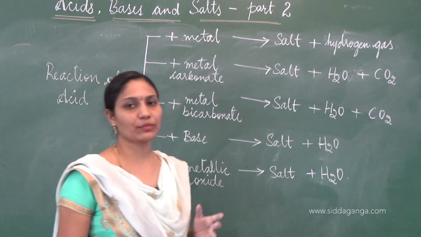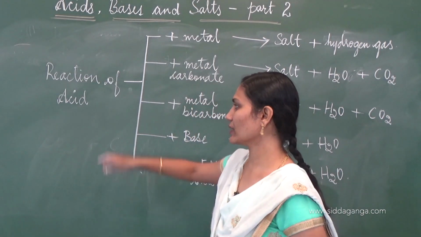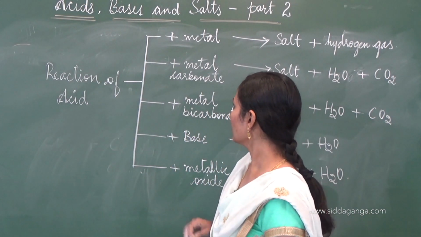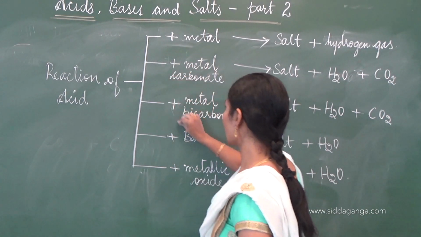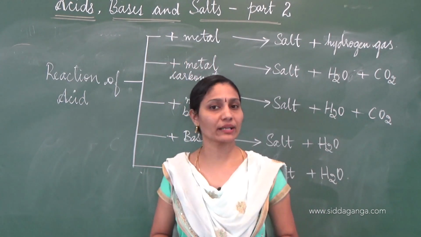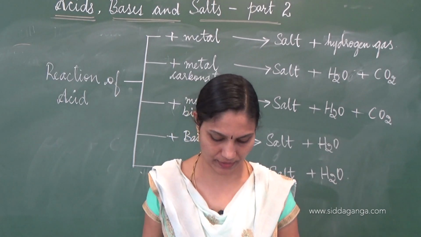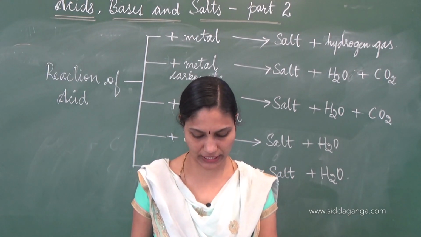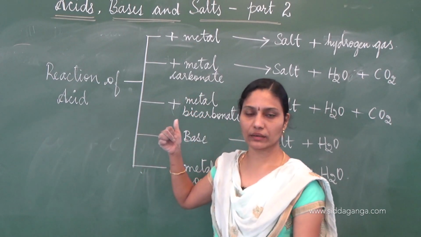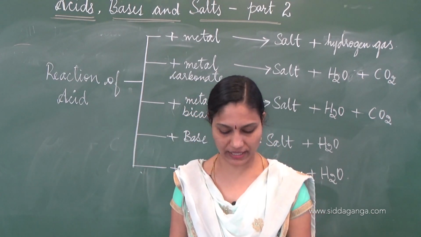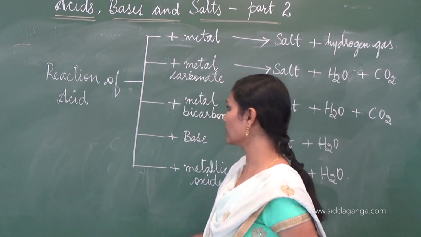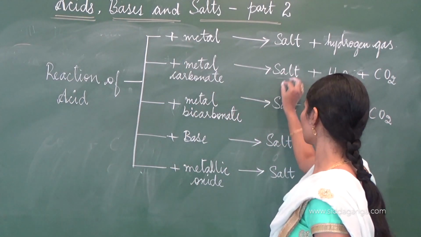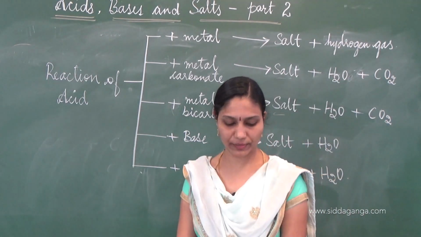You can extend the same to bases. You can take down the reaction of base with so many things. Bases do not react with metal carbonates and metal bicarbonates. Did you notice this? While understanding the activity of acid with metal carbonates and metal bicarbonates, we got to know that acids form salt, water and carbon dioxide.